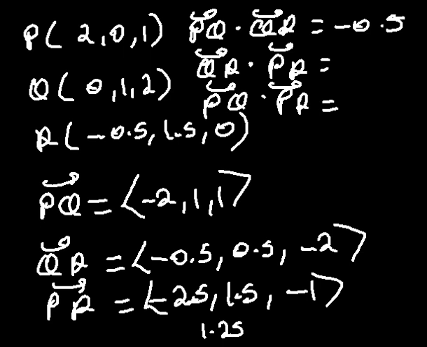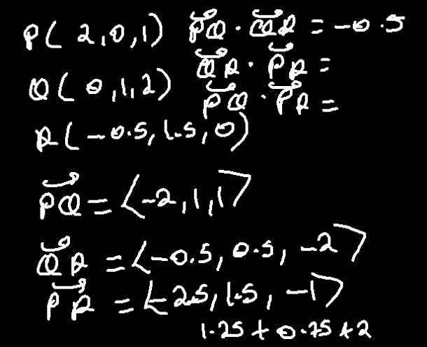And then we have 0.5 times 1.5, that is plus 0.75. And then we have negative 2 times negative 1, that is giving us positive 2.